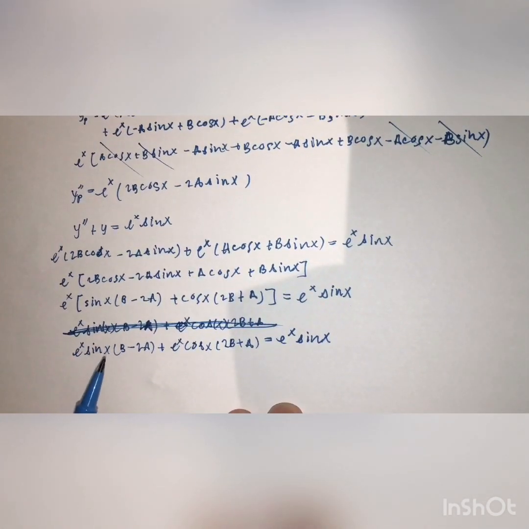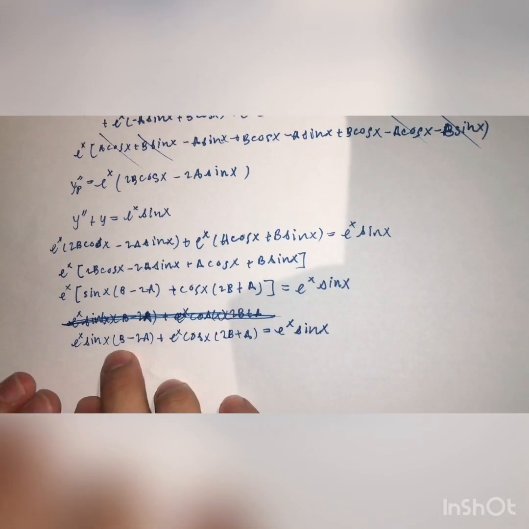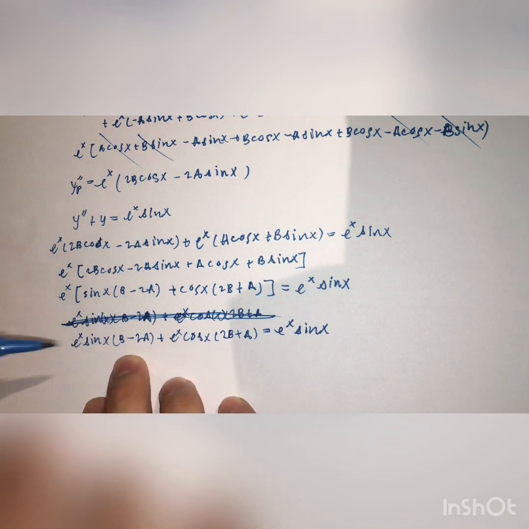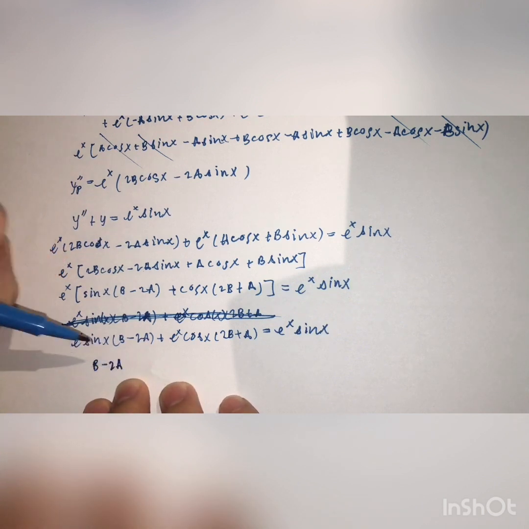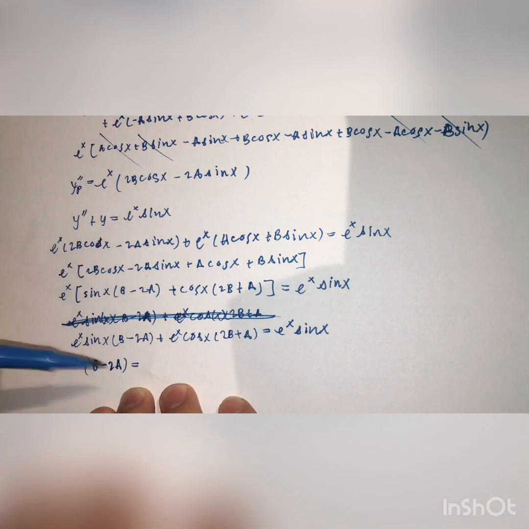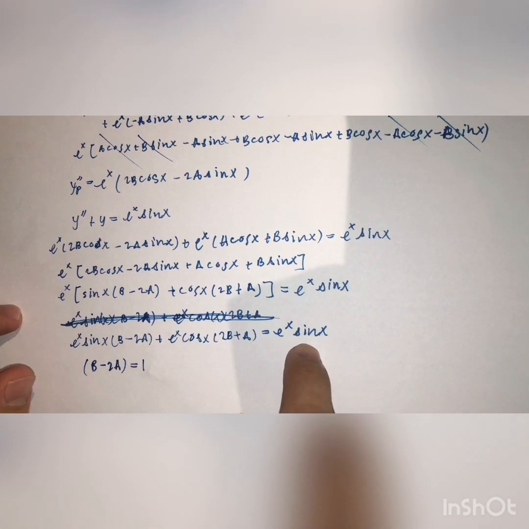And now we're trying to make this an identity, and this would be an identity if this b minus 2a will be equal to 1, because we want it to look like the right side.